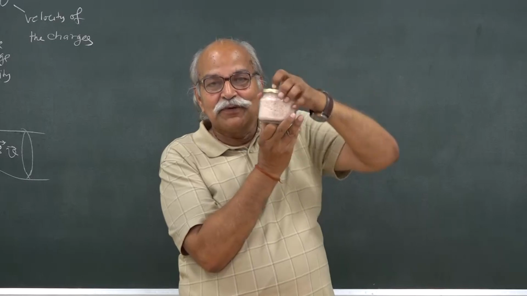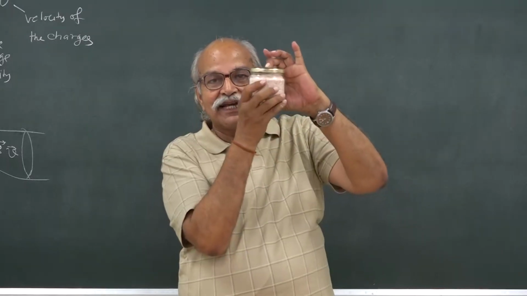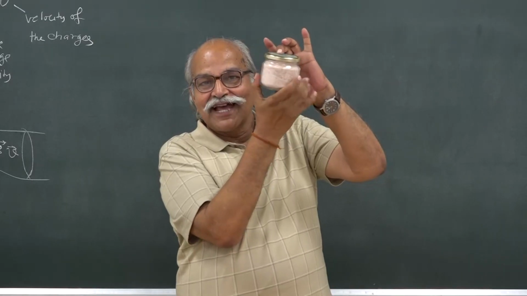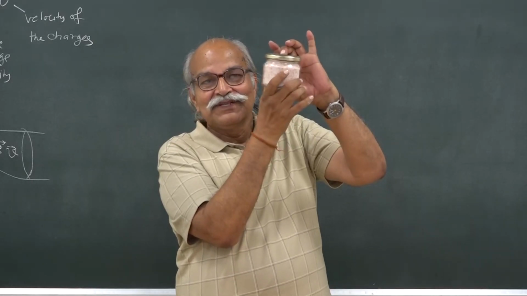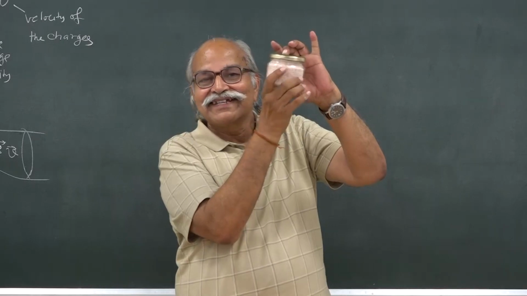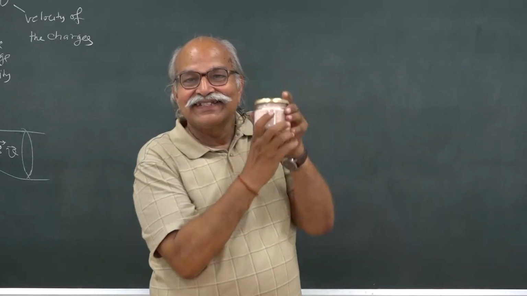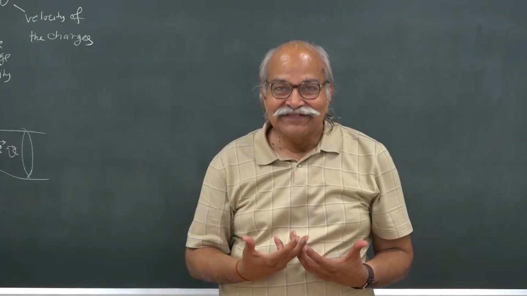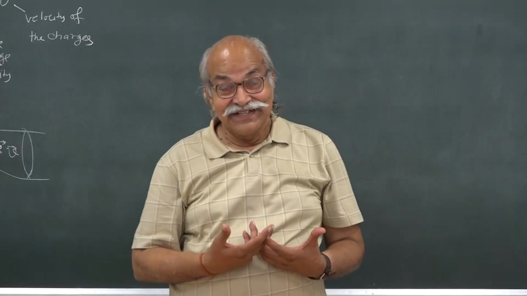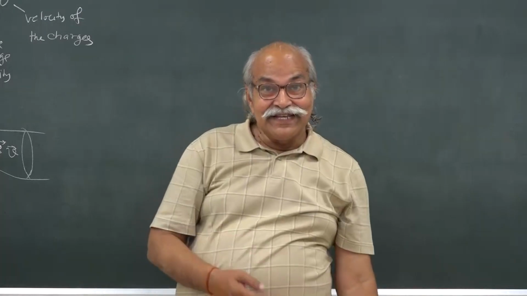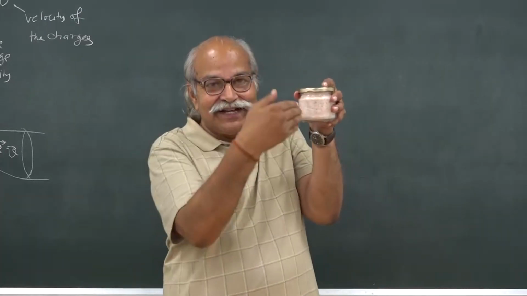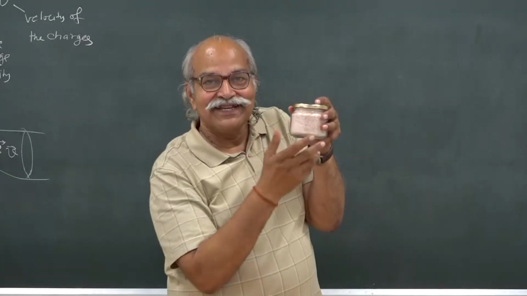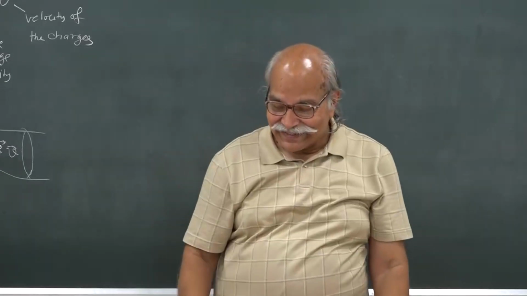Now, suppose I rotate this about its axis like this, with some uniform angular velocity omega. So, the entire charge is moving. Is there a current? Yes, there is a current. Take any area inside this, and the charge is crossing that area, and so there is a volume current density.